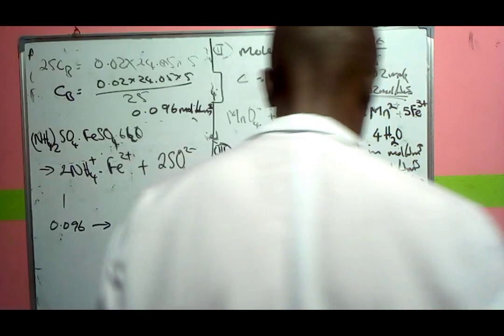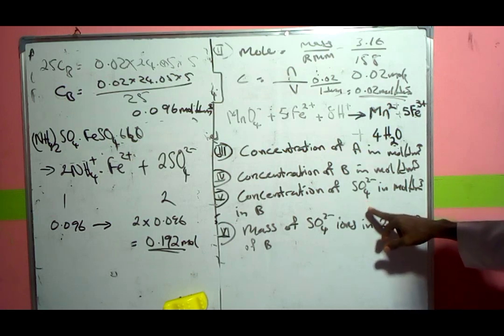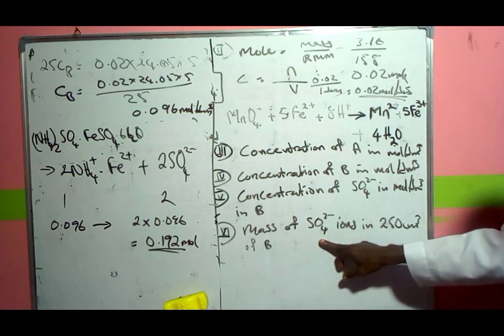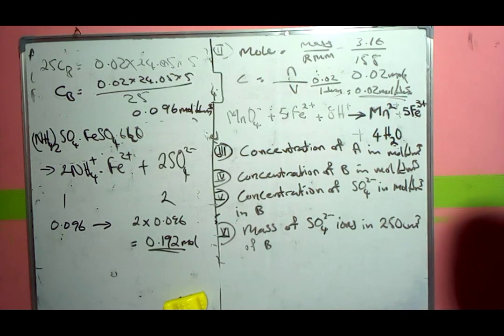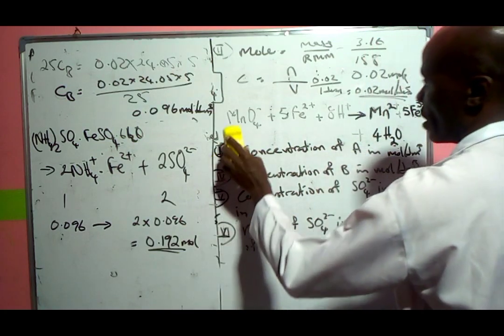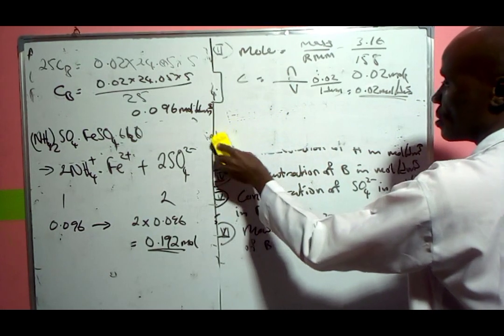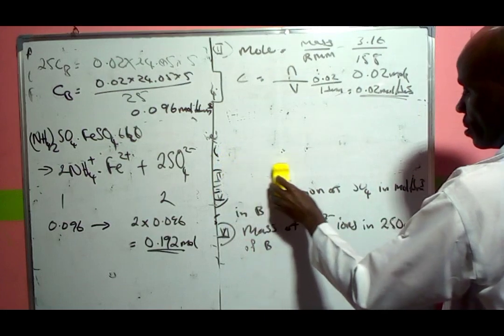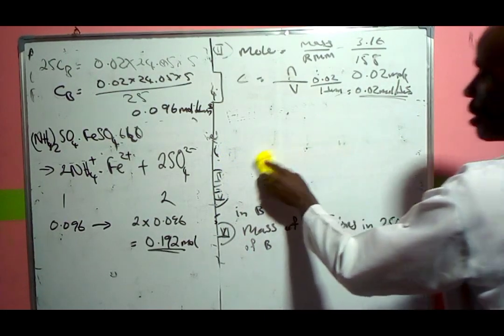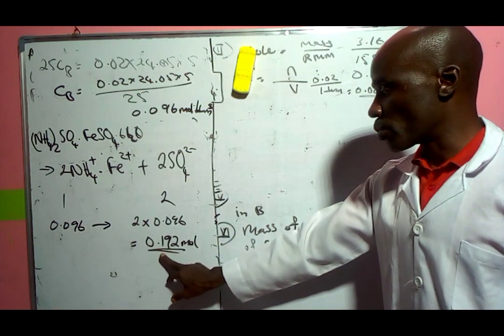The next question, the last one, is the mass of tetrahedral sulfur 6 ion in 250 cm cube of B. Since we have everything we need, you notice that this is in dm cube.